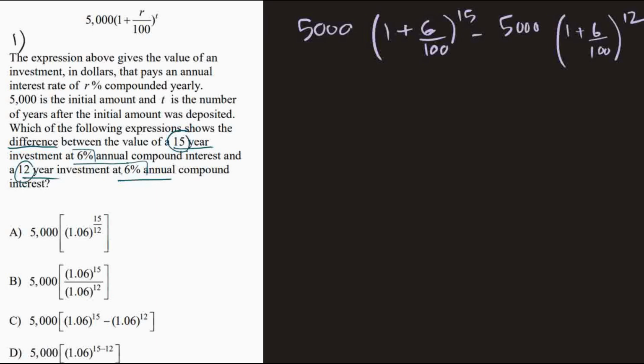Now we simplify this. So now it's 5,000. We see the choice is 1.06.